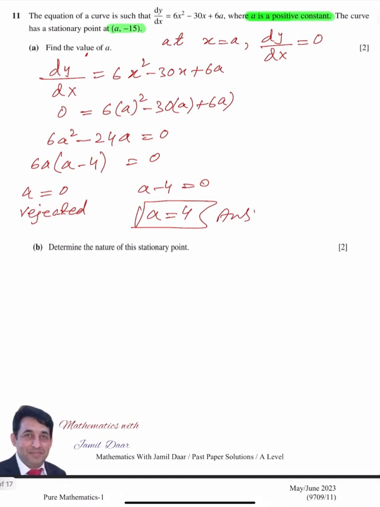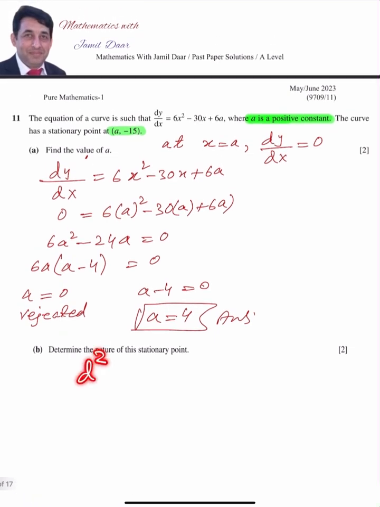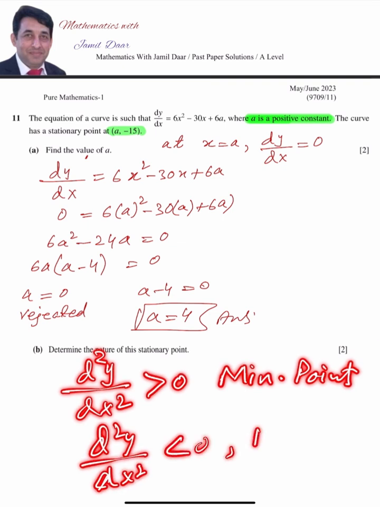Okay, so next is determine the nature of this stationary point. So nature you determine by finding the second derivative. If d square y over dx square is positive, greater than 0, then the point is a minimum point. And if d square y over dx square is negative, that means that's the maximum point.